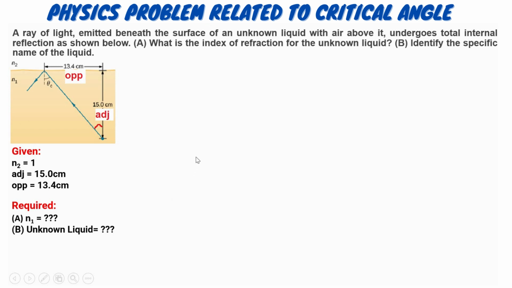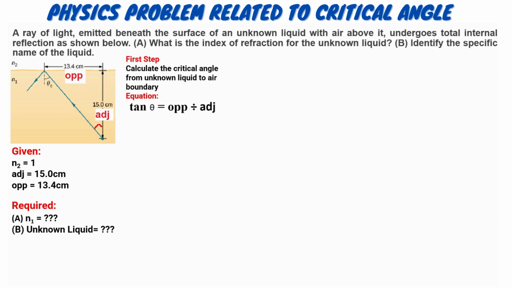So, to proceed to the next step, we need to calculate the critical angle from the unknown liquid to air boundary. Our equation is to make use of the tangent function, which is equal to opposite divided by the adjacent.